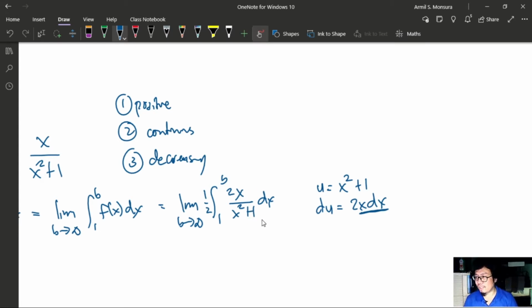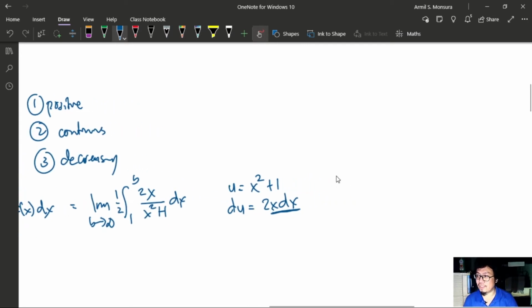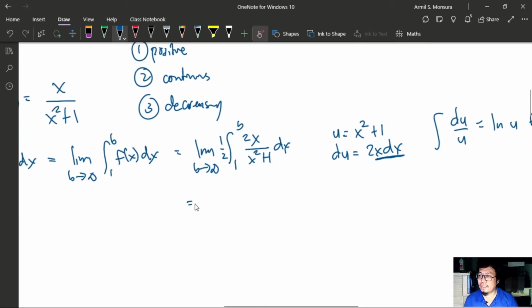And you recognize this form as the integral of du over u, whose integral is ln of u plus c. So we apply this here. We have the limit of 1/2 times this integral, which is the natural logarithm of x squared plus 1, from 1 to b as b approaches infinity.